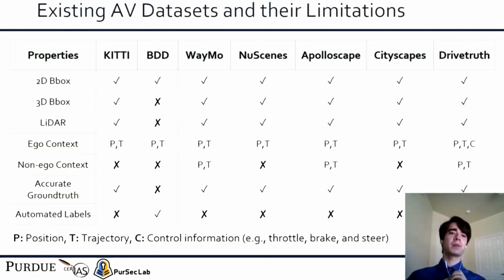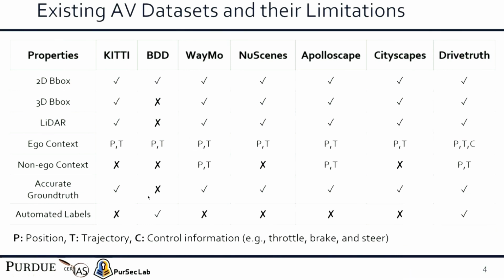There have been previous autonomous vehicle datasets, and we compare them with what DRIVETRUTH can do. The beauty of DRIVETRUTH is that it has everything previous datasets had: the 2D bounding box, 3D bounding box, and LiDAR. But there are some extra things. In addition to the position and trajectory of the collector vehicle, it also stores the control information that you would get from the CAN bus: the throttle, the braking, and the steer value.